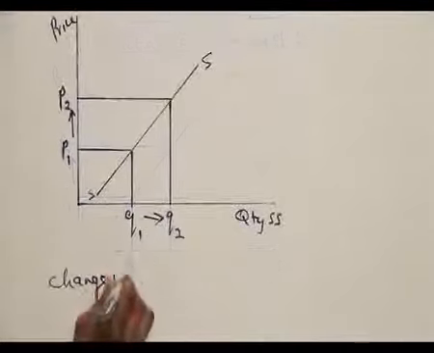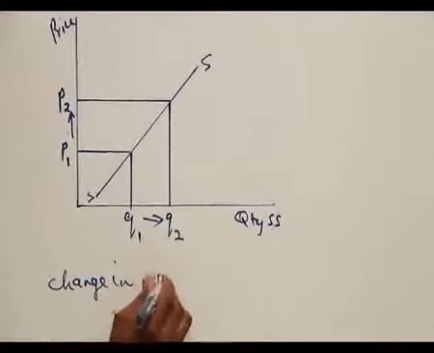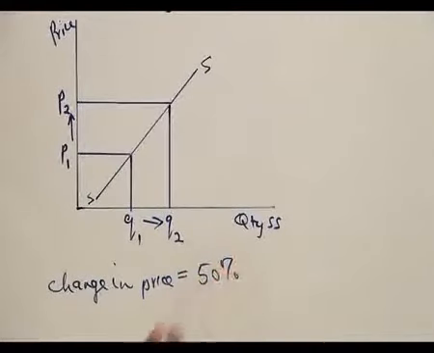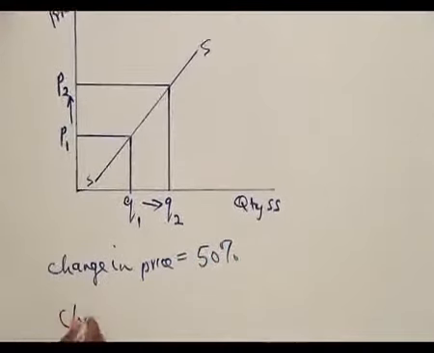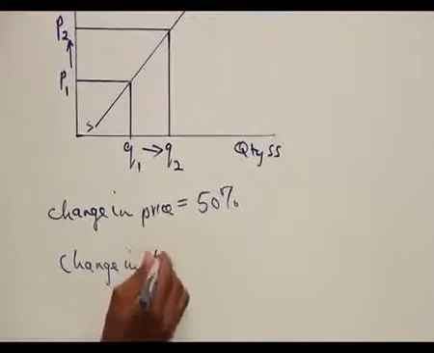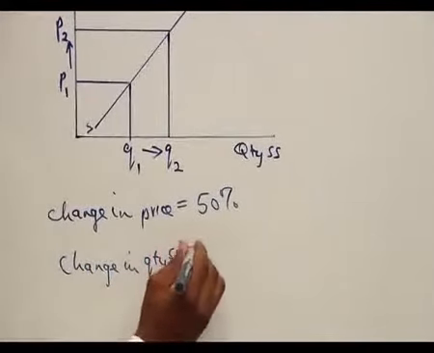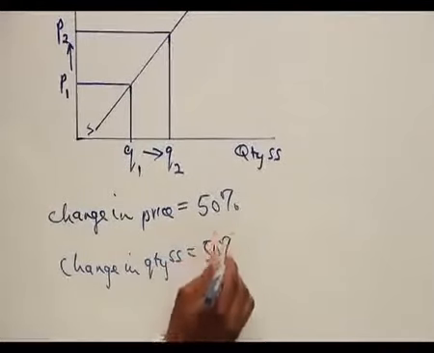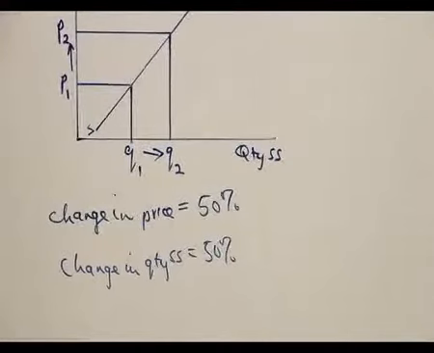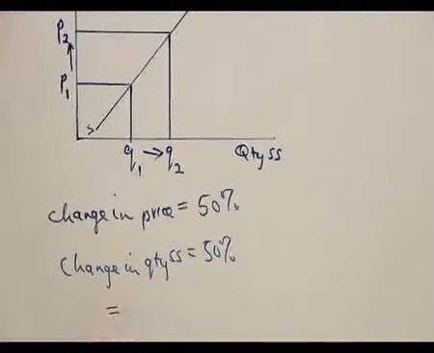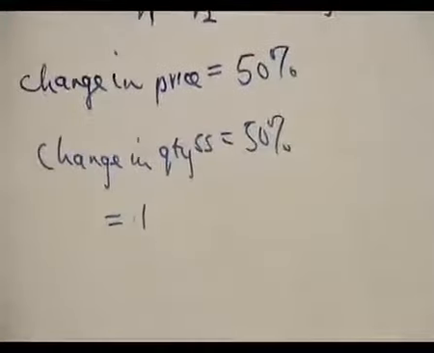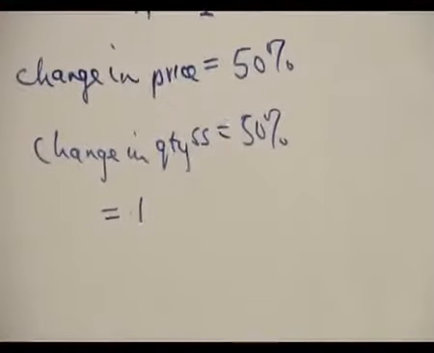Take for instance, change in price equal 50% and change in quantity supply equal 50%. The price elasticity of such equal 1. That is why we call it unitary elasticity of supply.